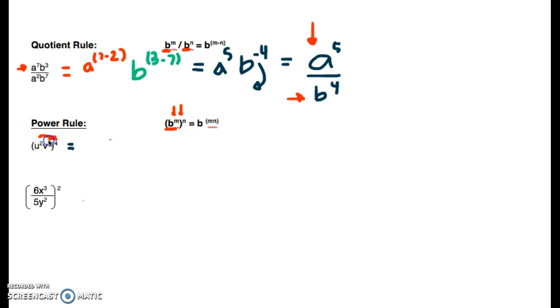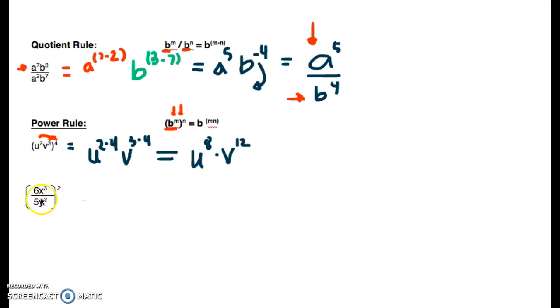I'm going to multiply this exponent to the 3, the cube on the v. So my work would look like this. U to the 2 times 4, v to the 3 times 4, and my final answer here will be u to the 8th times v to the 12th.